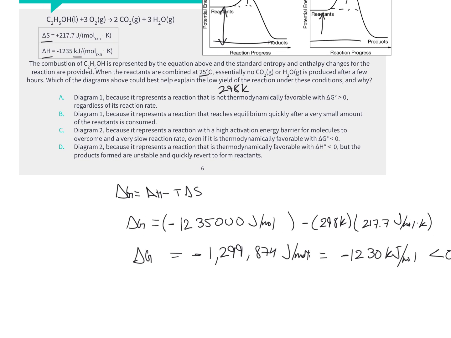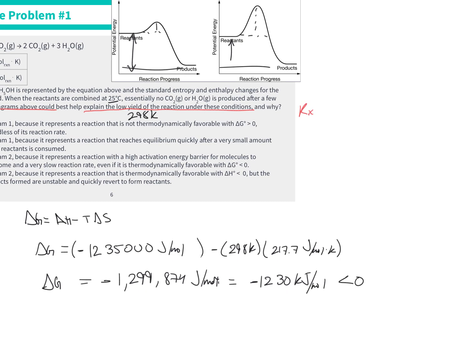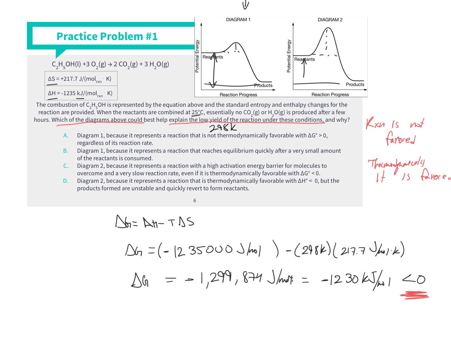With that, we can look at these answer choices now. We're essentially asked which of the following diagrams above would best help explain the low yield of the reaction. Essentially, the reaction is not favored. So obviously, delta G is less than 0, so we know that thermodynamically, it is favored. And so that's not going to be a reason. So if we look at diagram 1, it says it represents a reaction that is not thermodynamically favored.